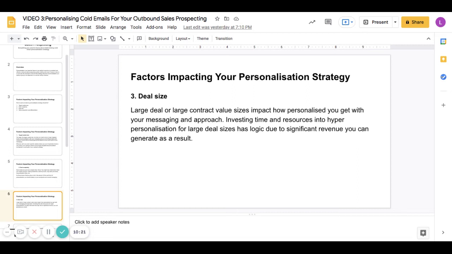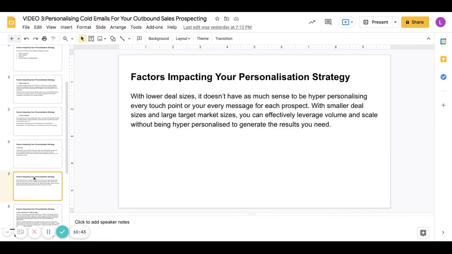If you're selling something at $50,000 a month and you close 2 sales a quarter, well, that's $100,000 in 1 quarter. Okay, so in those circumstances where you're selling to really big companies or brands with a large deal size, you really want to look at taking a more hyper-personalized approach and how you can utilize that.